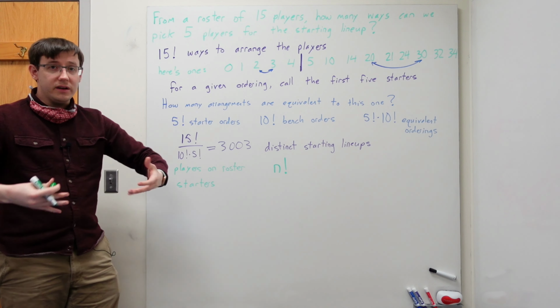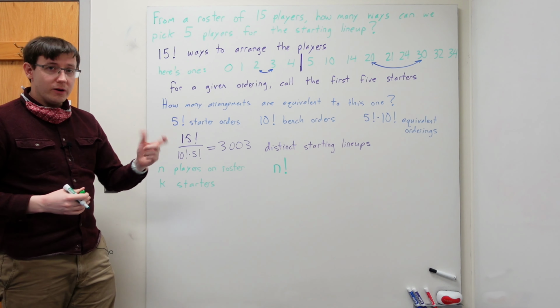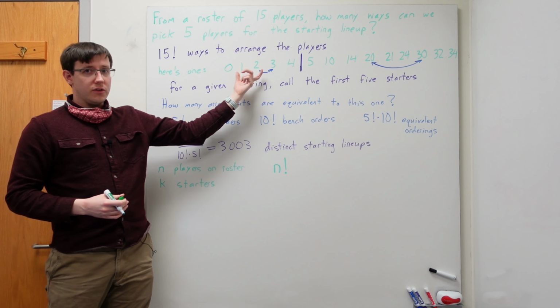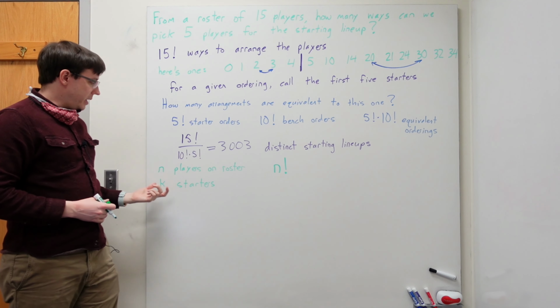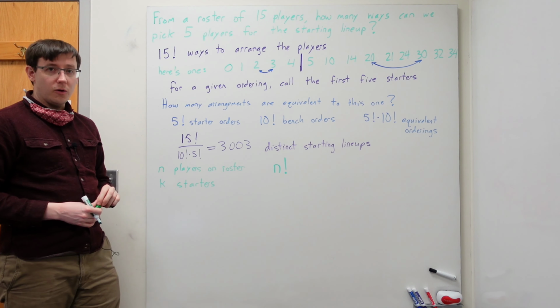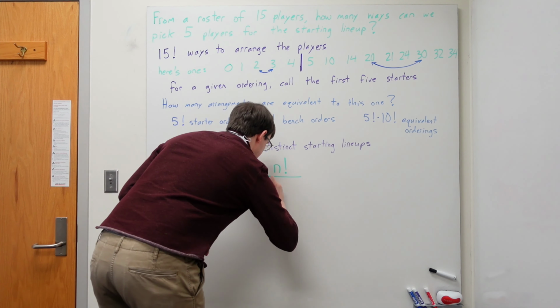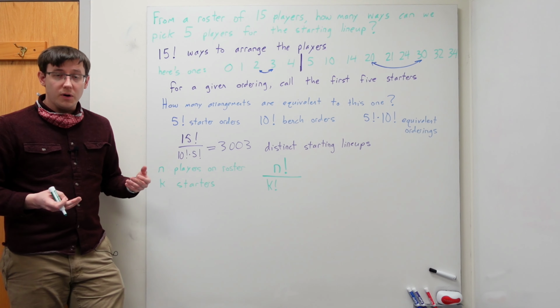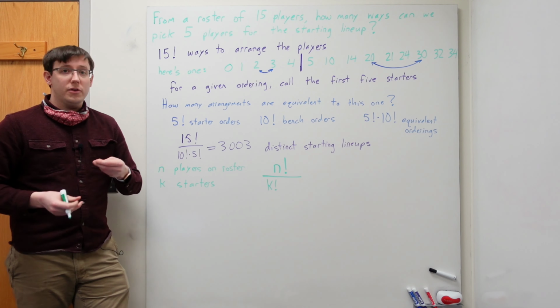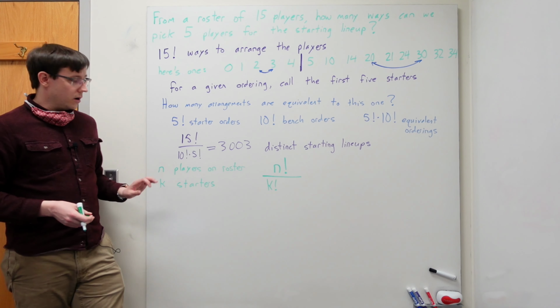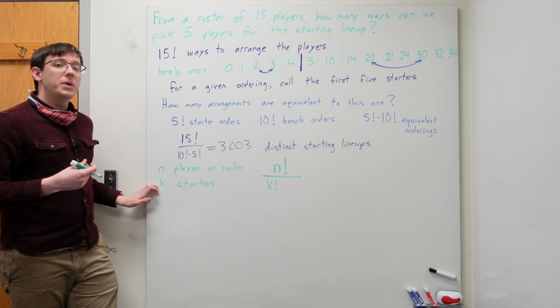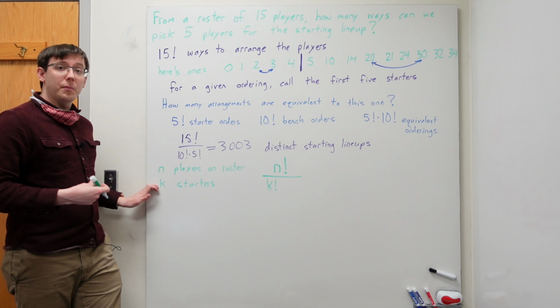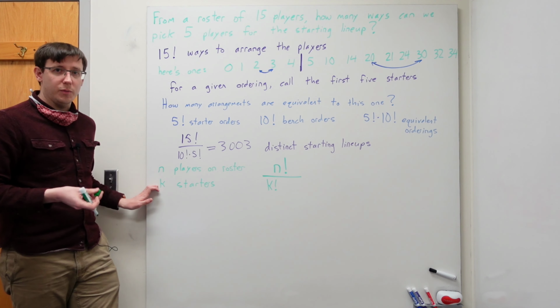And then if we divide out the rearrangements of just the starters, that would be k factorial arrangements of the starters. And we also want to divide out the number of arrangements of the bench players, and there are n minus k bench players, and so there would be n minus k factorial arrangements of them.